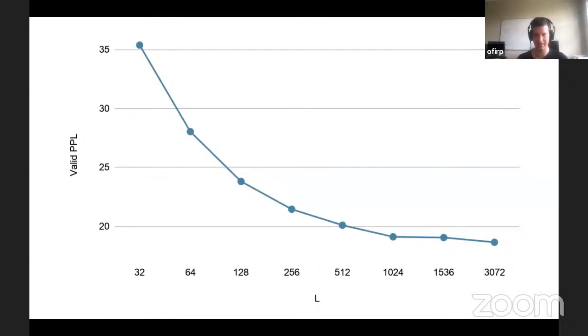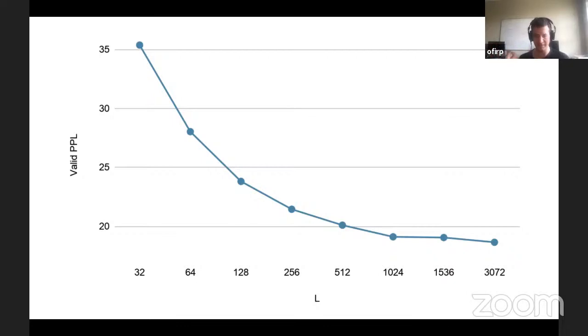What we did here is we trained 8 different language models on different input sequence lengths. One of these language models was trained on 32 input tokens, and some of them were trained on 1,500 or more.